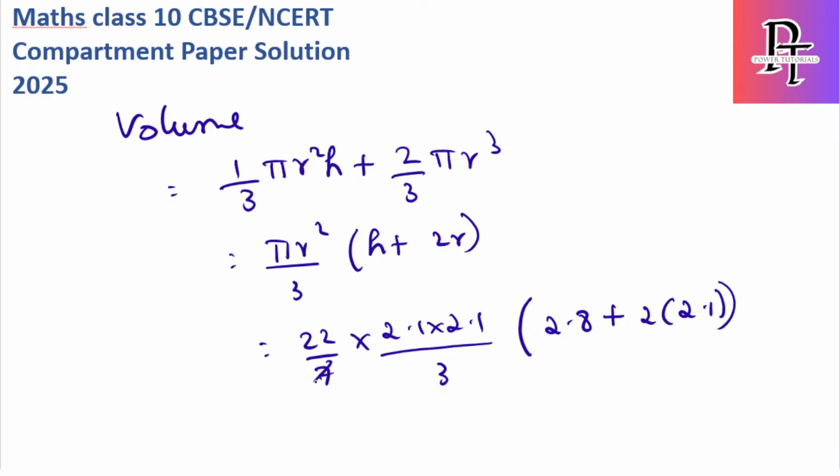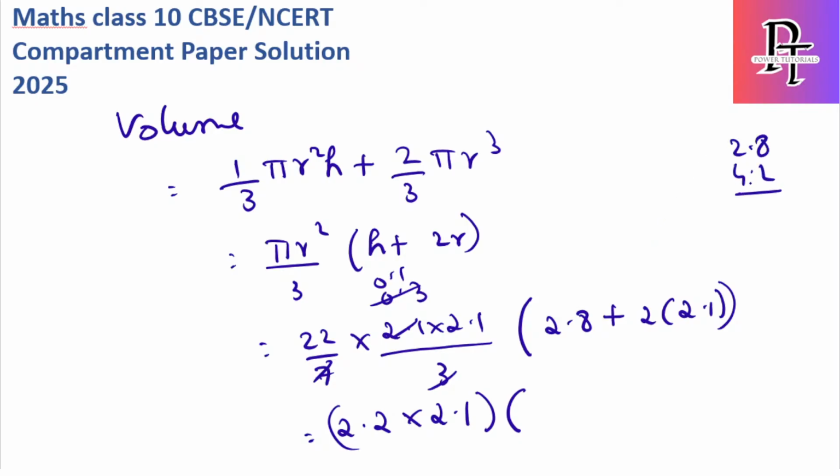Okay, so 7 ones 7, 3 cancels 2.1. So 22 into 0.1 is 2.2, into 2.1, into the inside part, which is 2.8 plus 4.2. So this is nothing but 7.